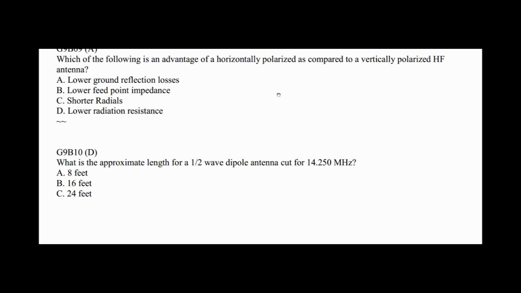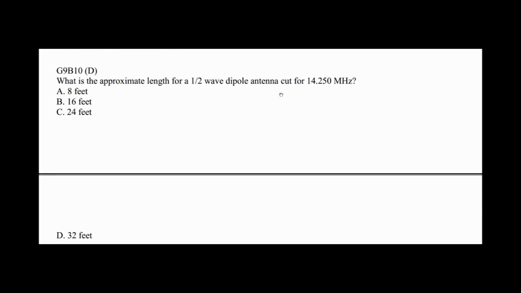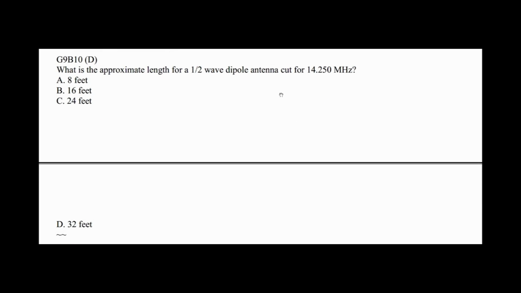G9B10, what is the approximate length for a half-wave dipole cut for 14.250? Well, I know the length of this really well because I have Yagi antennas for 20 meters. In prior videos, I've talked about a way to compute a quarter wavelength, and the answer I use is 1, 2, 3, 4, meaning that one side of the dipole is 234 divided by the frequency in megahertz.